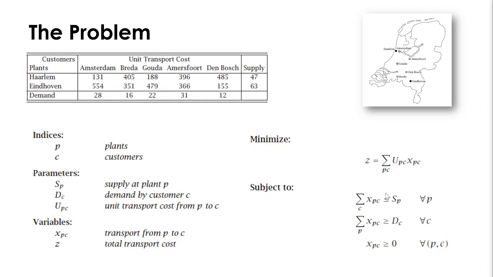And that is larger than this summation here, which for every plant is the total amount we are shipping from that plant to all customers. So this is what we are sending from this plant, and it cannot be larger than its capacity. This way, we are imposing the constraint referred to supply for every plant.